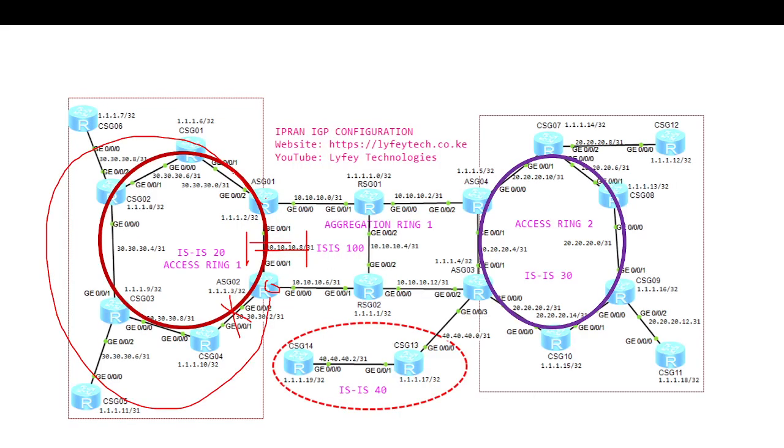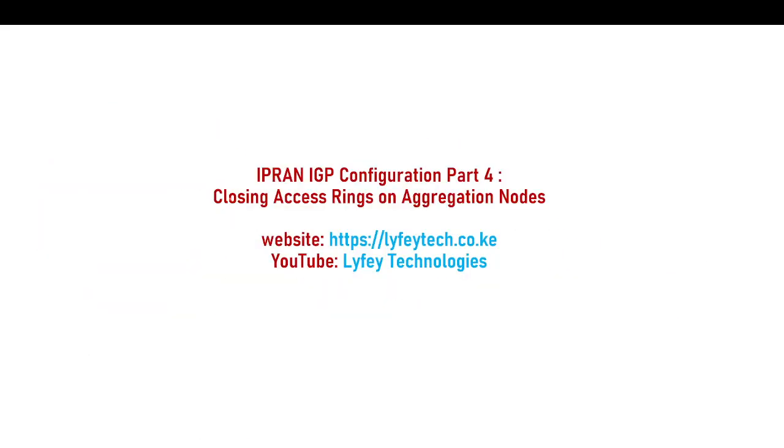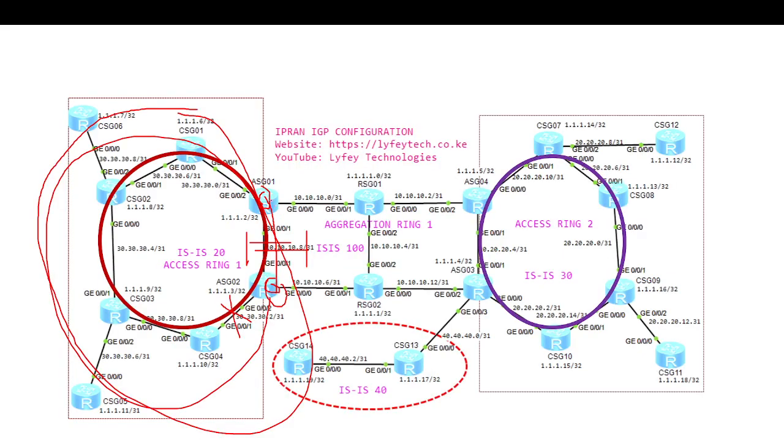So what we need to do is extend that access ISIS process from this node to this node. So we'll have a fully operational IGP access ring operating between the nodes. These aggregation nodes will be fully part of the access ring, and the access ring are now terminating on both SGs without any issue.